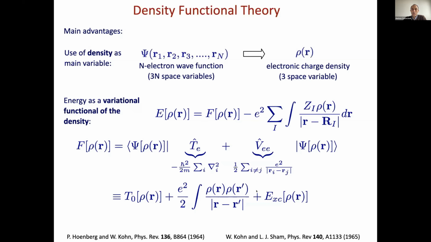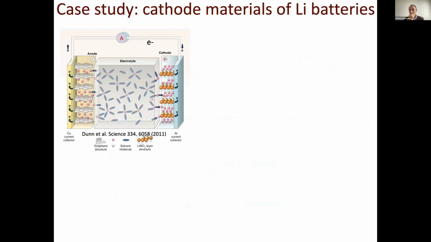Okay, so in order to discuss now some notable problems coming from the approximation that we make on the exchange correlation term, as I said before, we'll focus on studying the cathode materials for rechargeable lithium-ion batteries. This is a cartoon showing how a lithium-ion battery is composed and how it works.